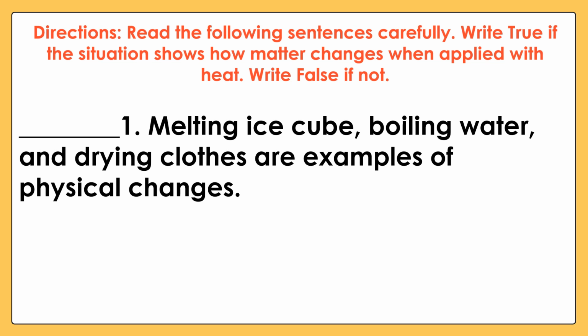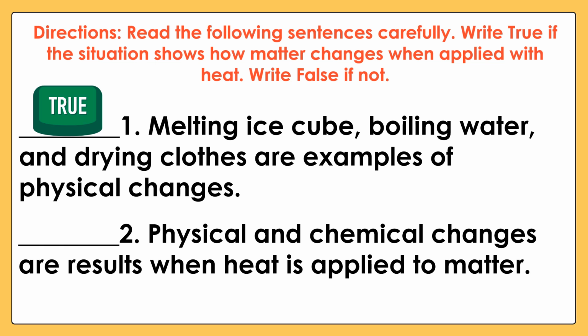Melting ice cube, boiling water, and drying clothes are examples of physical changes. The answer is, of course, true. Number 2. Physical and chemical changes are results when heat is applied to matter. The correct answer is true.